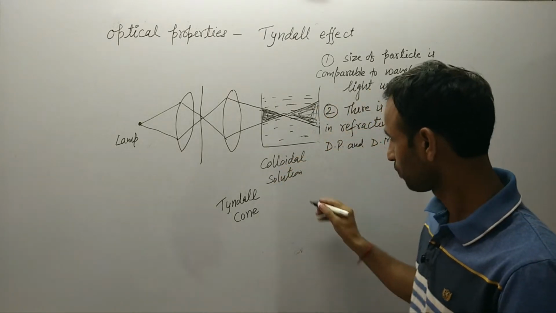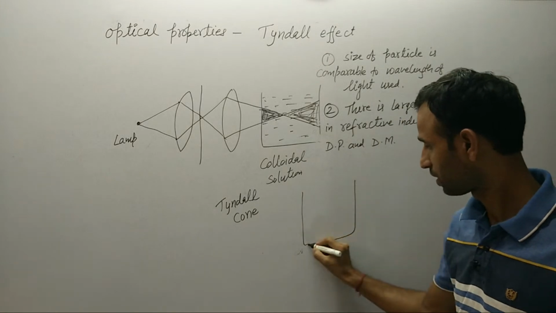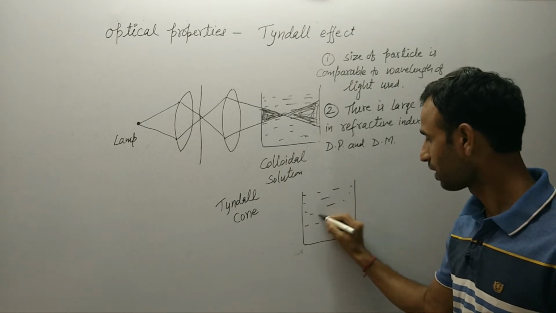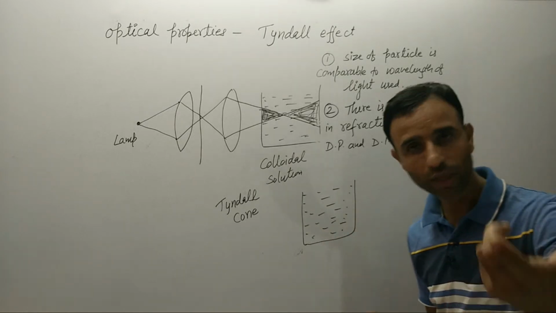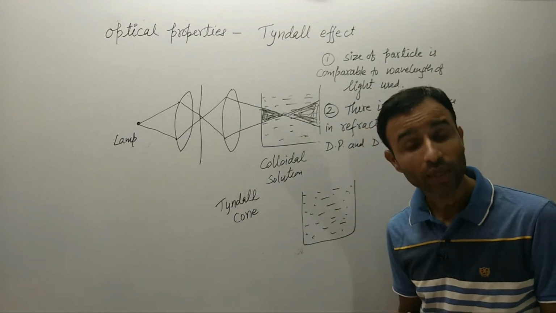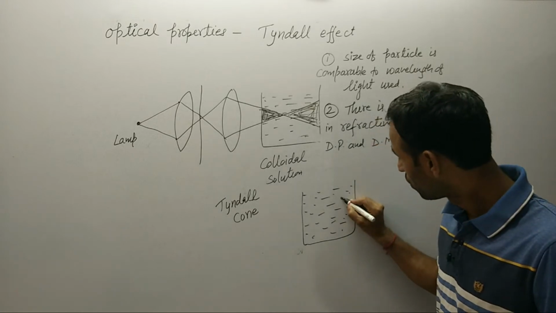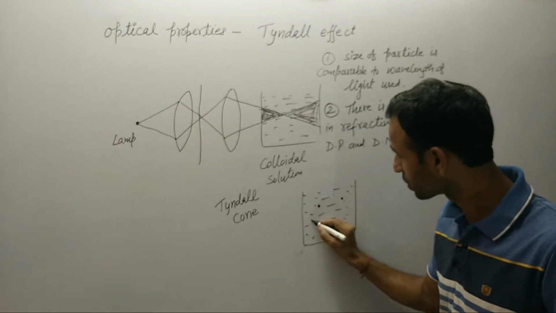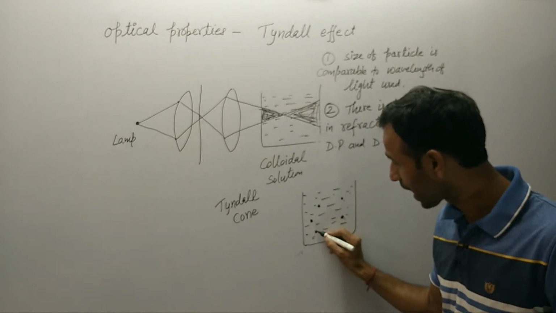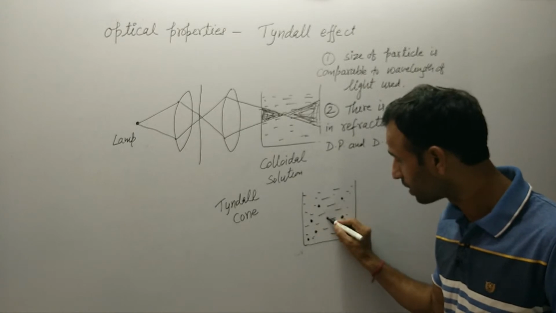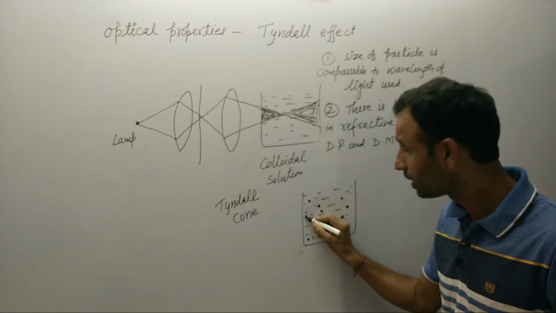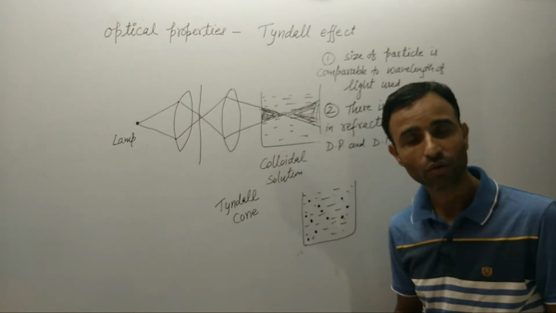Like say, if this is the colloidal solution, and we see it by naked eyes, we are not able to see the particles. But if we see it under an ultramicroscope, then we are able to see the bright stars. Means scintillation, that is the scattering of light by these particles, and by counting these bright stars we are able to calculate the number of particles in the colloidal solution.